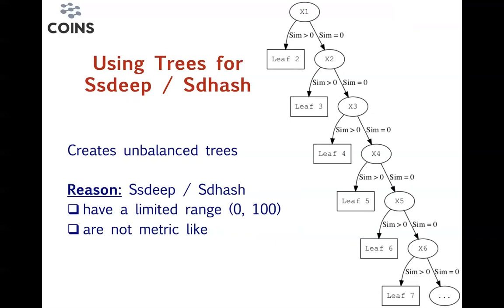If you achieve a score of 1 to 100, you have some similarity with the file. If you achieve a score of 0, you have no similarity. The vast majority of items will have a score of 0, and throughout the tree, we see that most of the items are in the right subtree. In effect, we create a linked list and we've achieved linear search. It's just not helpful.